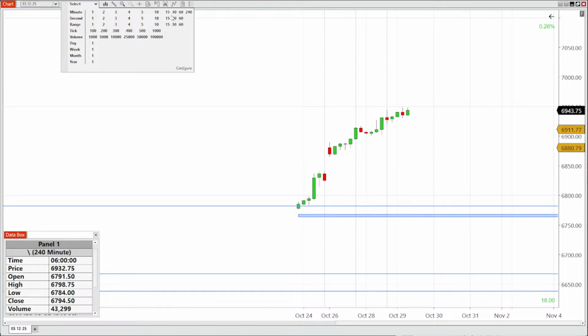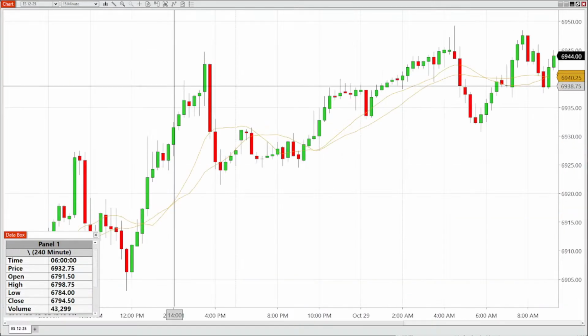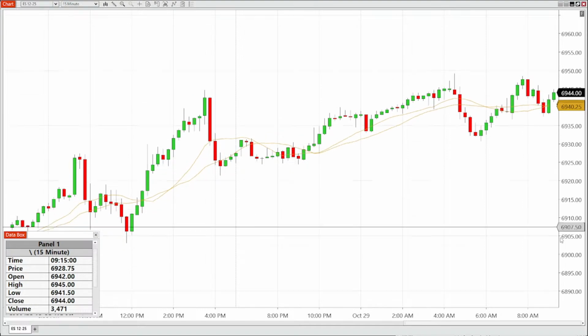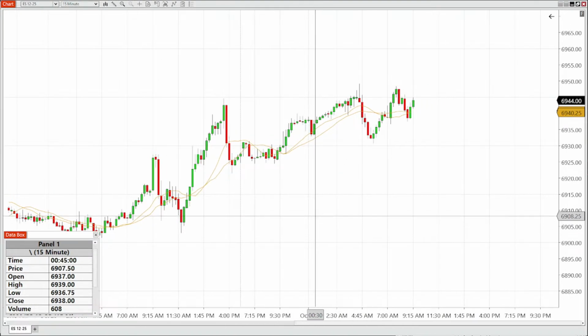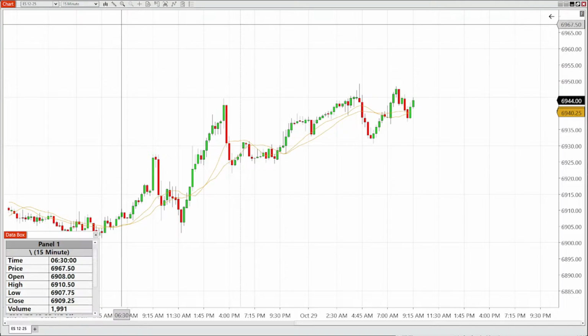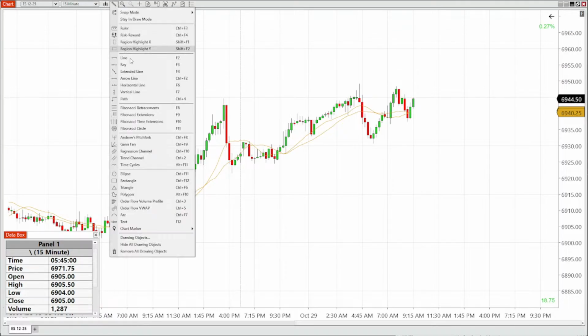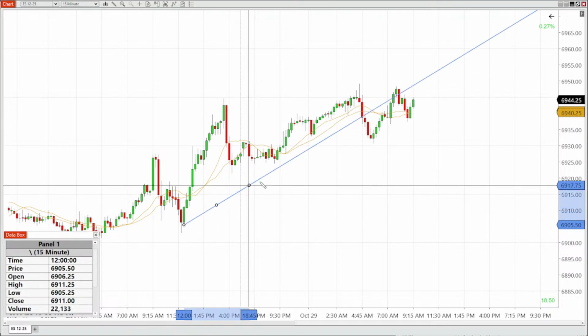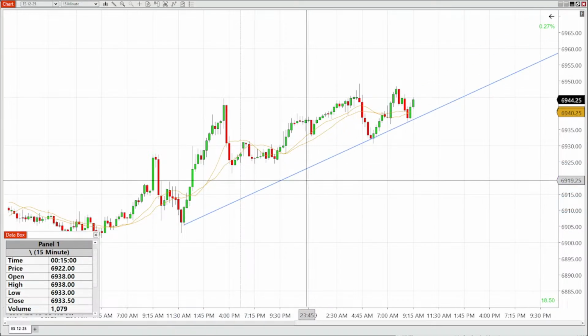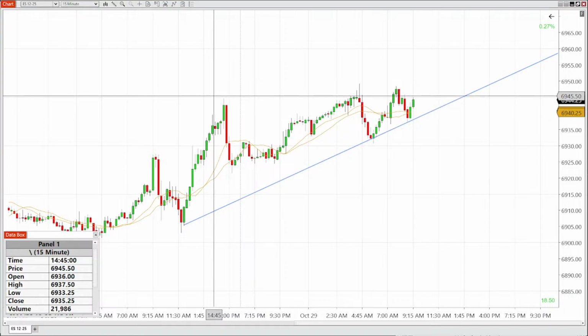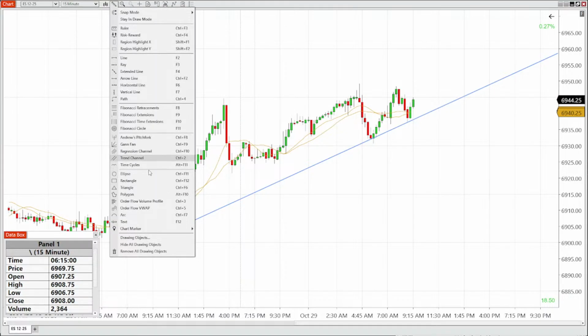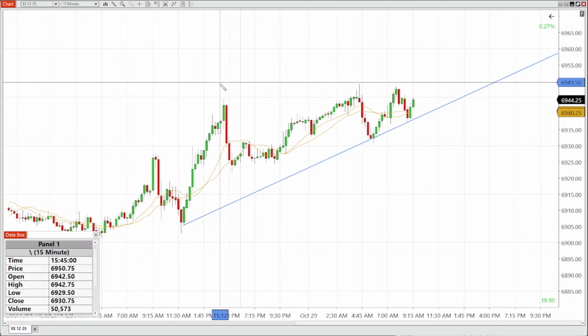We can go down to a 15-minute chart, and we're looking at an uptrend. And we got this area up here.